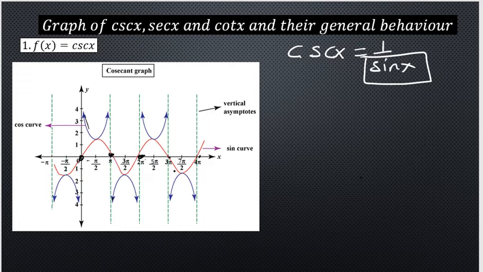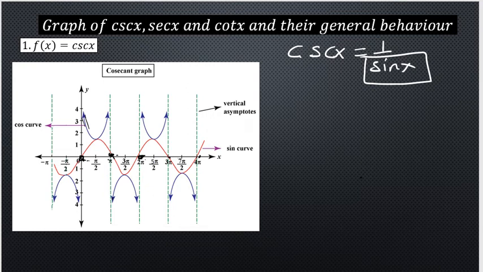It goes in that pattern, but the vertical asymptotes should not be forgotten: 0, pi, then from pi to 2 pi. The graph from 0 to pi and from pi to 2 pi is not the same type. One is upward, the other downward. But after that, it will repeat itself: upward, downward, then again upward, downward, so the period will be 2 pi.